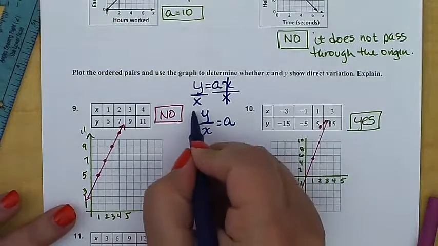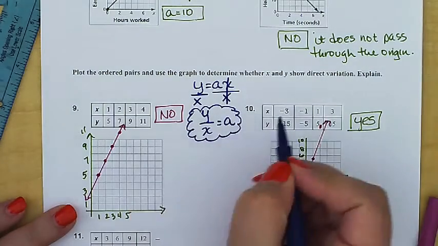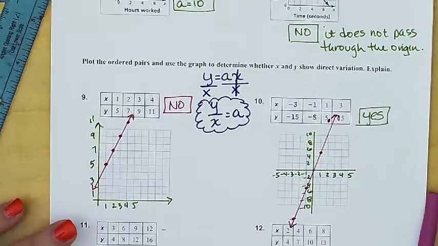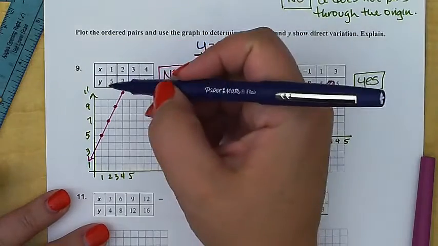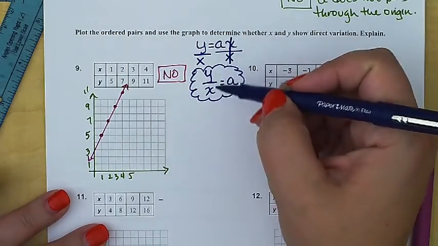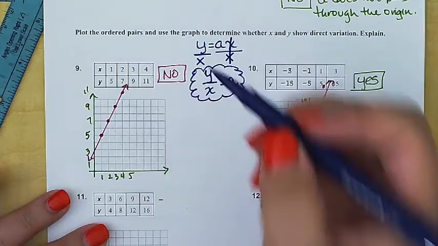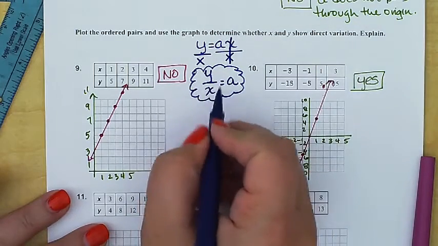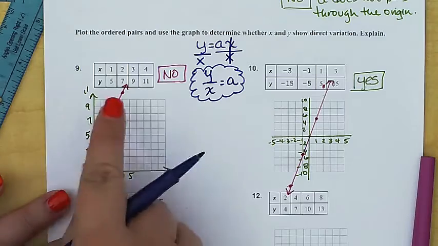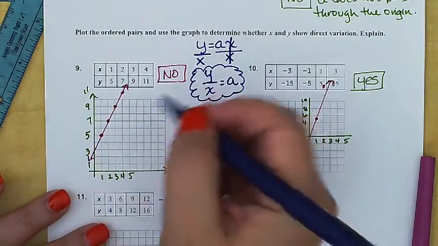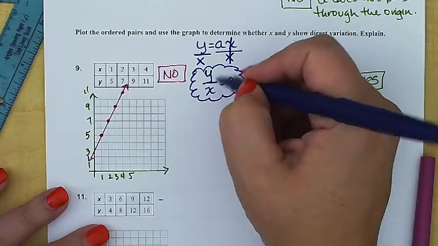So this is super powerful because it's one of the really big characteristics of direct variation that is not true for other lines. And that is that the y to x ratio, the division of y to x, will always be constant, or the same, if it's direct variation. So for example, if we test that here, I didn't necessarily have to do all this graphing if I wanted to use this test instead.